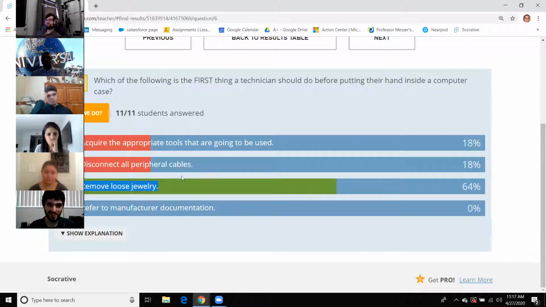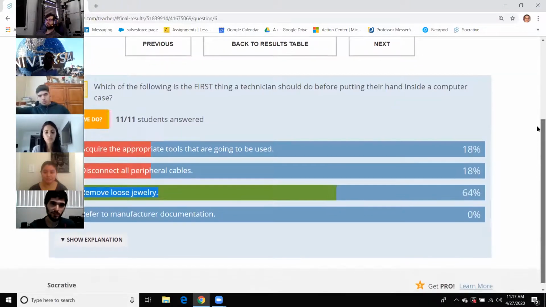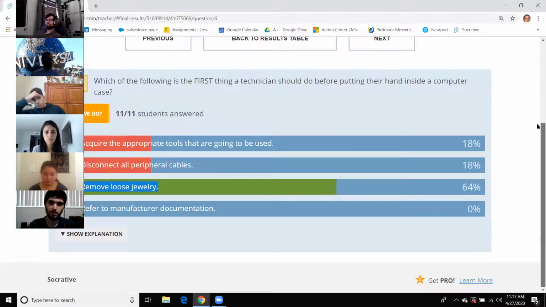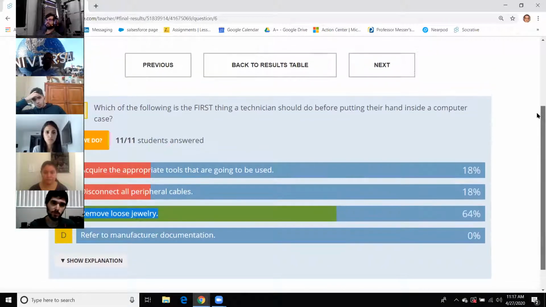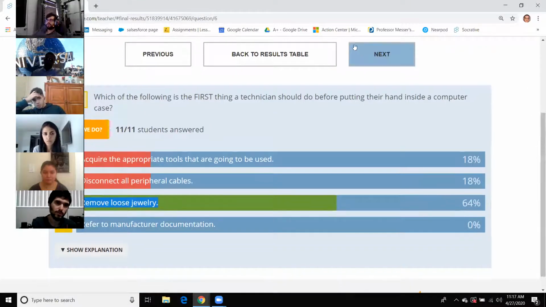Before we do anything with a computer, we should be removing jewelry. I think it has something like ground yourself, that's why. Yeah, well, ground yourself wasn't there, was it? I understood acquire the appropriate tools as in ground yourself, everything. That's how I took it, but yeah, remove loose jewelry would be the right answer. I was also struggling because I was torn between jewelry or tools. You need both if you're going in. That's why I got confused. But I understand why it's remove jewelry, because that's something you can easily forget.